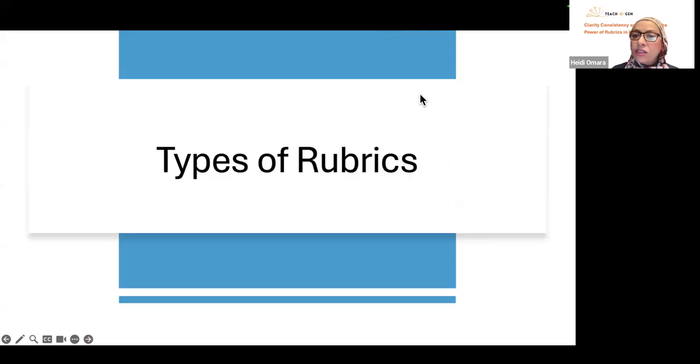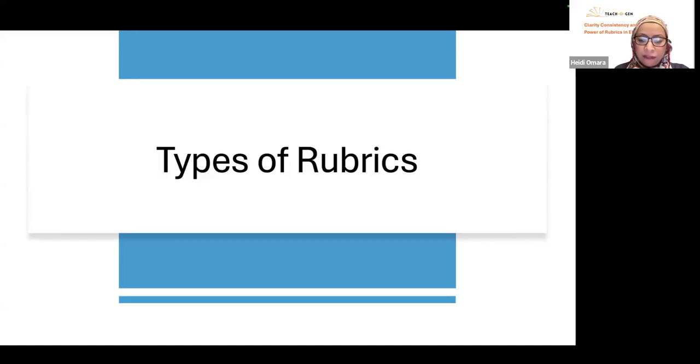And that takes us to types of rubrics. Because the main two types of rubrics depend on the need for this rubric. Let's imagine something.